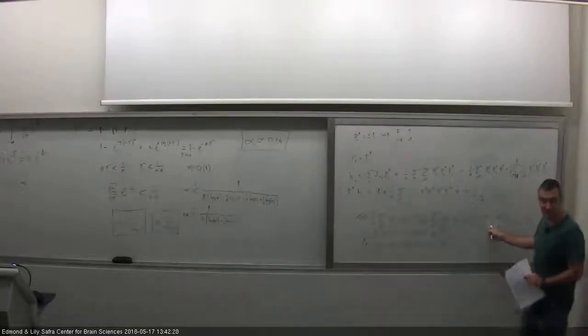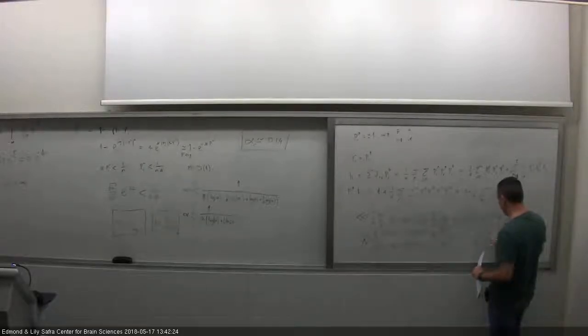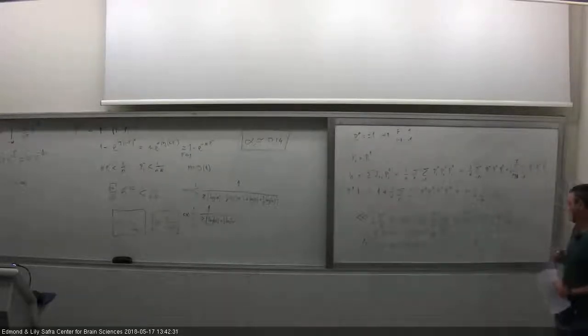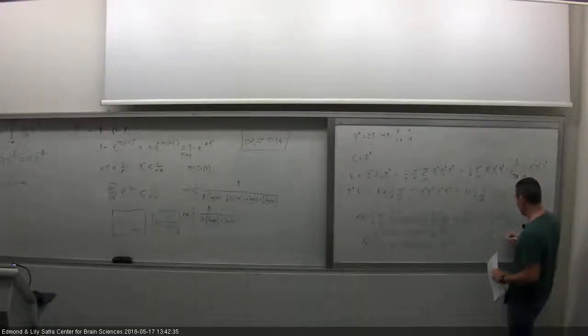We have 1 over n here. So we will have p elements times 3f times 1.